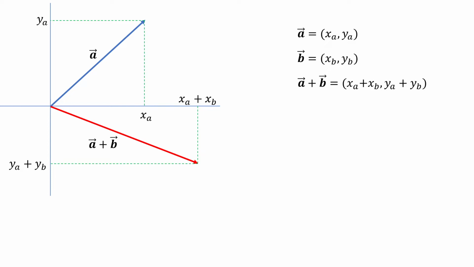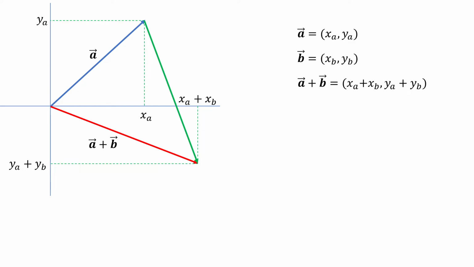And now let's look at the vector that connects the end of vector A and the end of vector A plus B. By definition, the coordinates of a vector are the coordinates of the end of the vector minus the coordinates of the beginning of the vector.